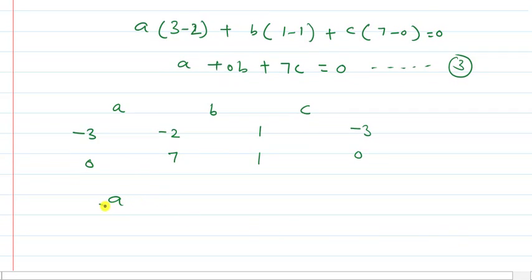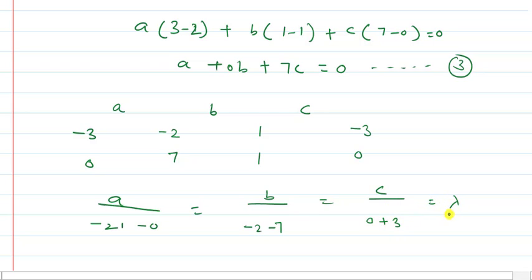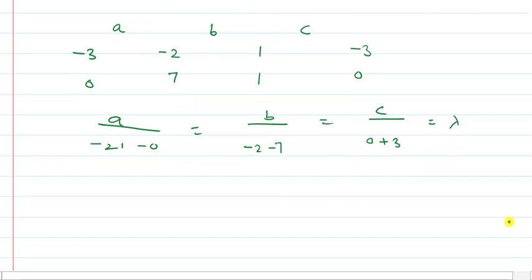Now a upon -21 - 0 is equal to b upon 0 - 7 is equal to c upon 0 + 3, and let us say this is equal to lambda. We are getting a upon -21 is equal to b upon -7 is equal to c upon 3 is equal to lambda.